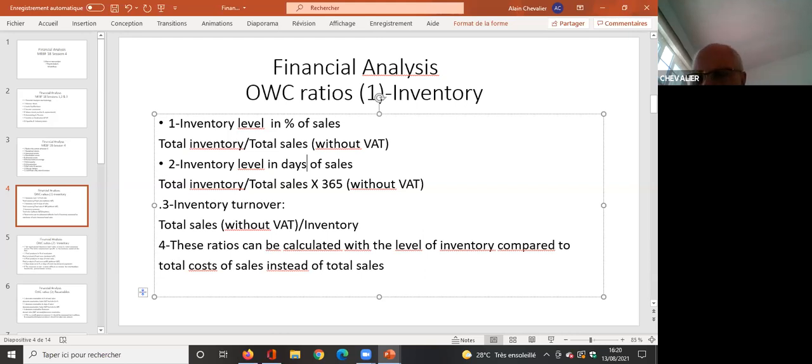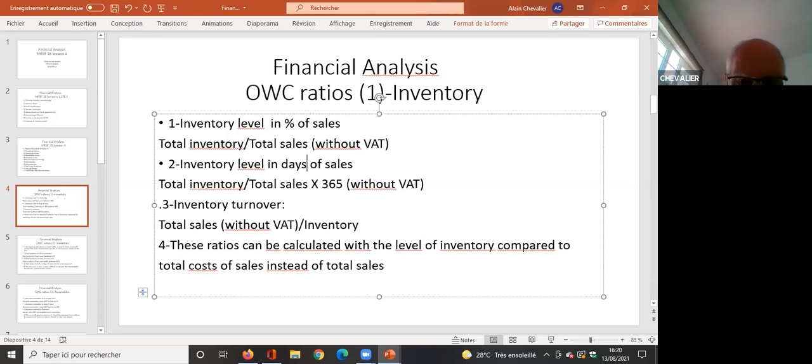Be careful also to the comparison. If you have a look at Berk and DeMarzo again, you will see that they don't use total sales, but instead of total sales, they use the cost of sales. So what about the replacement of total sales by cost of sales?